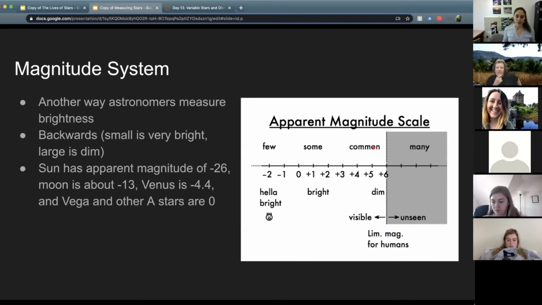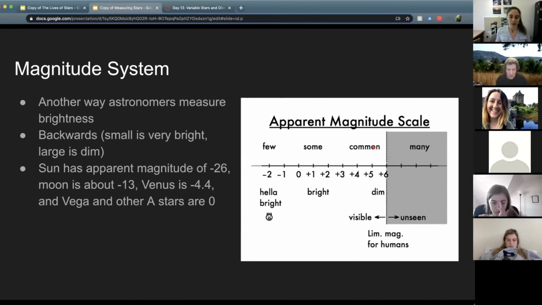For example, the sun is going to be the brightest thing in our sky. It has a magnitude of -26. The moon is about -13, so fainter than the sun, but still pretty bright. Venus is about -4.4, so typically one of the brightest things in our sky. Venus is of course a planet, but it looks like the brightest object in the sky besides the sun and the moon.